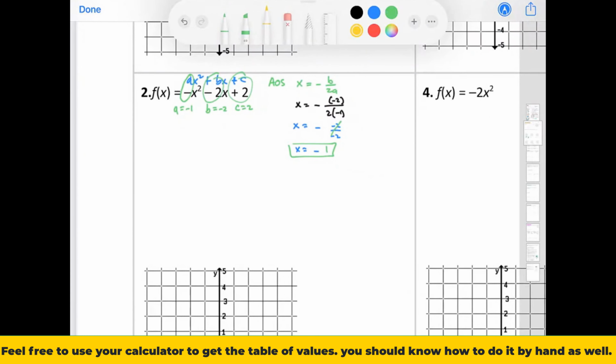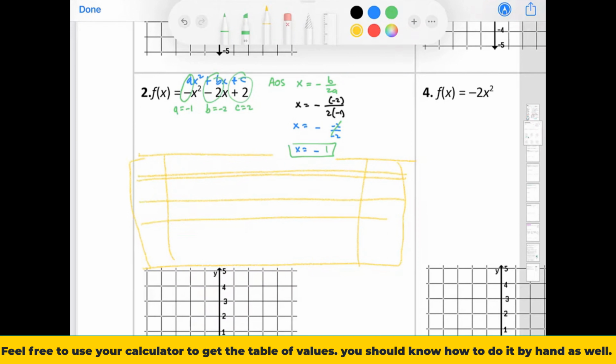Okay, that means when I create my table, do that one for the formula. Uh-oh, ran out of space. Hopefully it doesn't go in there. So that's my x value. Here is the formula.